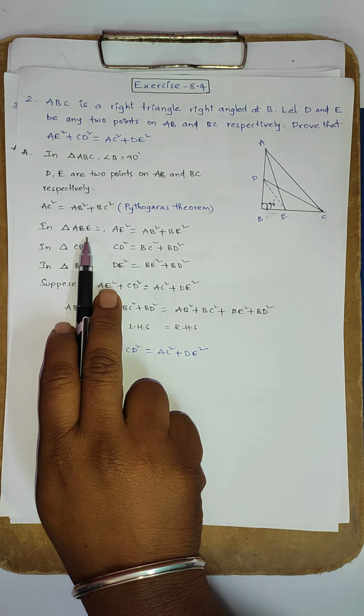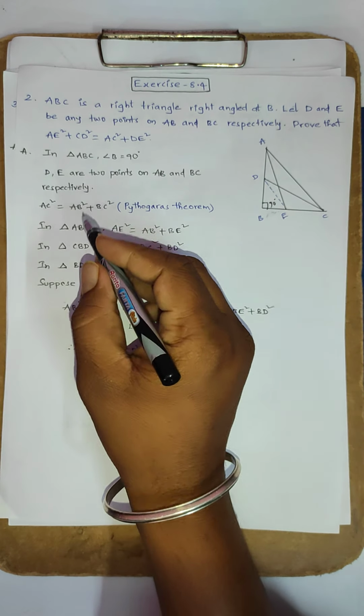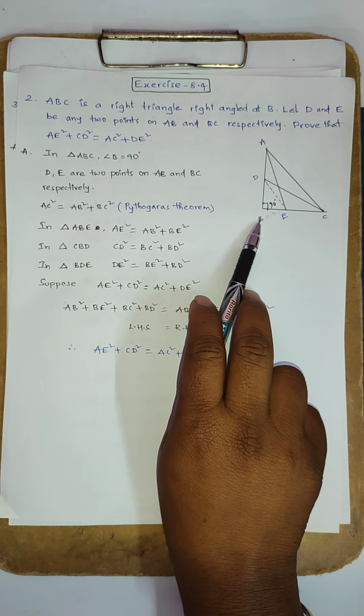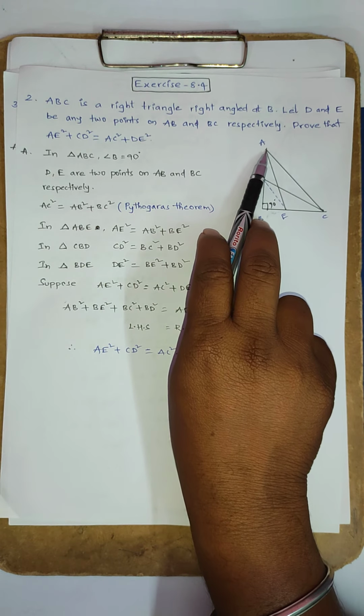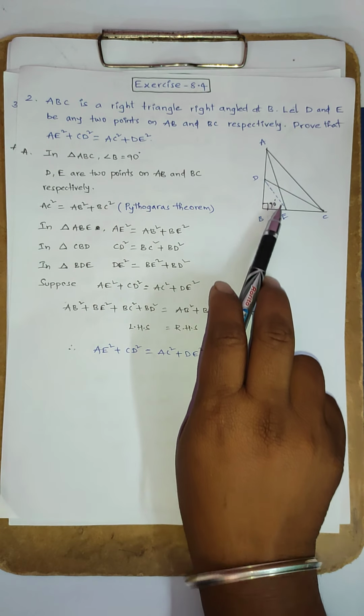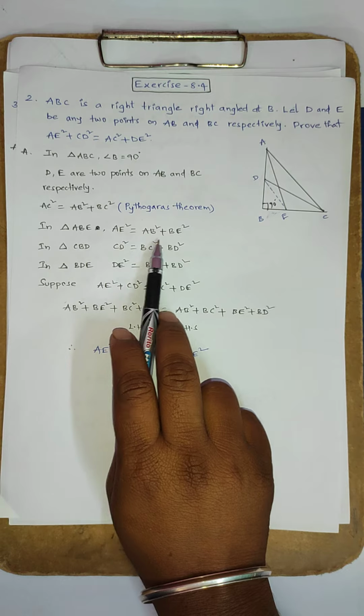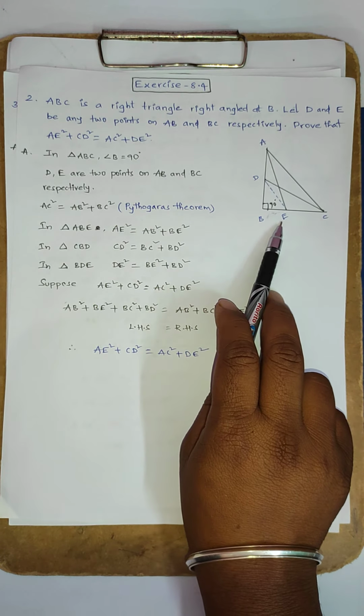In triangle ABE, this small triangle ABE, hypotenuse AE, AE square is equal to AB square plus BE square.